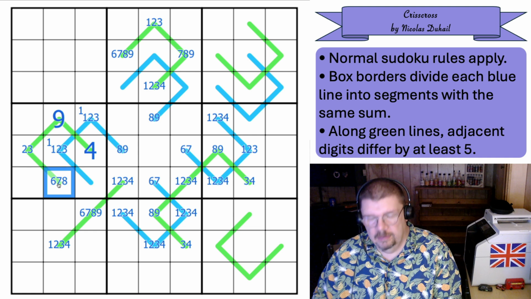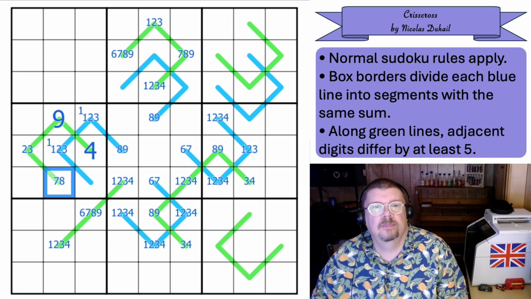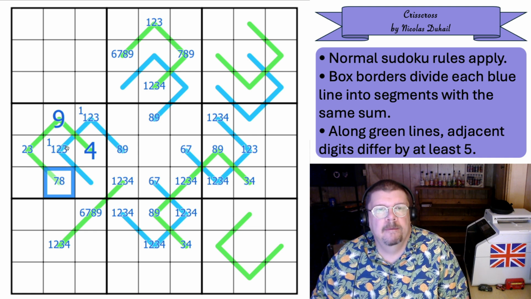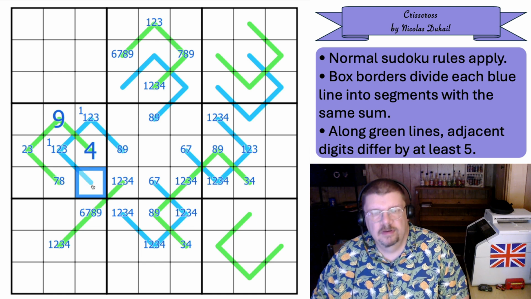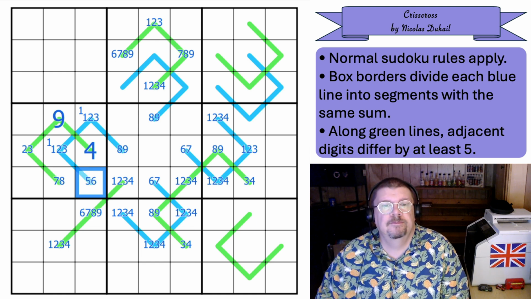That can't be a 1, so that can't be a 6. So we either have 1, 2 with 5 to make 8, 1, 2 with 6 to make 9, or 1, 3 with 5. So that is 5 or a 6.